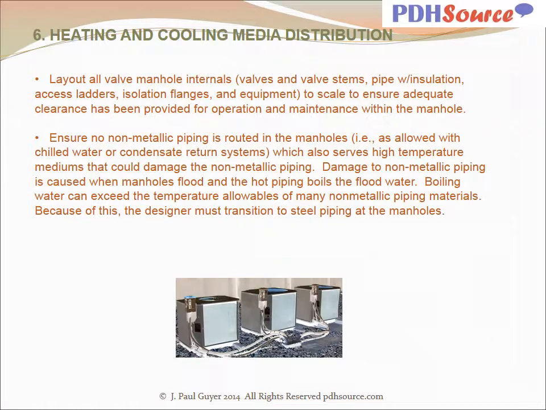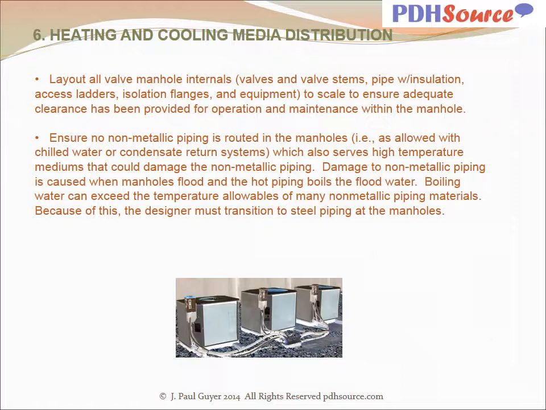Lay out all valve manhole internals to scale to ensure adequate clearance has been provided for operation and maintenance within the manhole. Ensure that no non-metallic piping is routed in the manholes, i.e., as allowed with chilled water or condensate return systems, which also serves high temperature mediums that could damage the non-metallic piping.